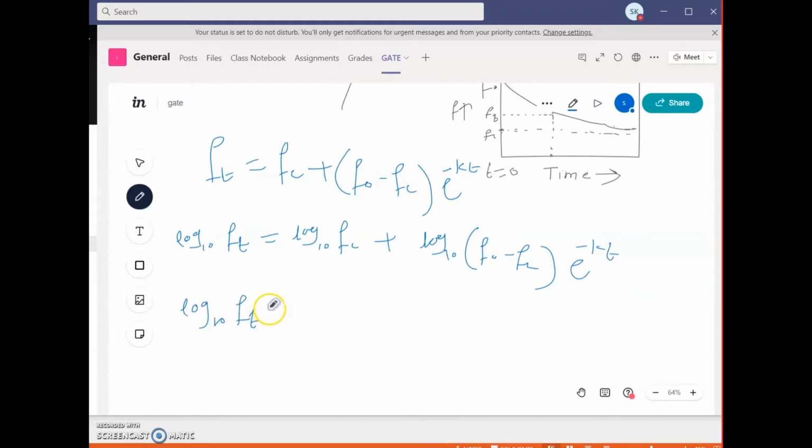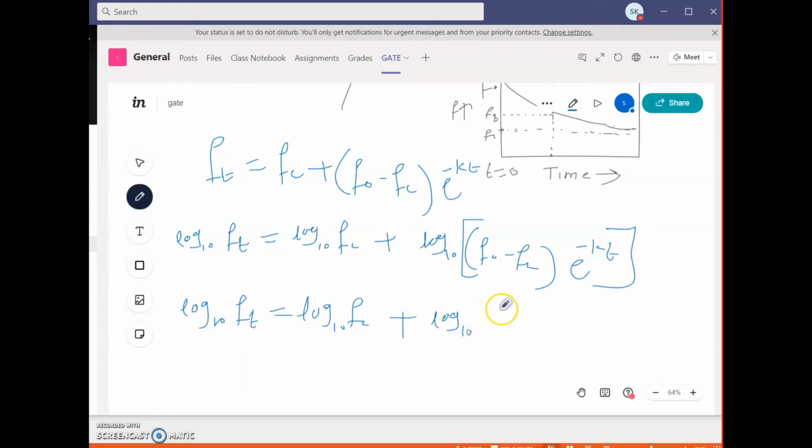Log to the base 10 Ft is equal to log to the base 10 Fc plus... what should I write here? Actually here there should be the square bracket so that there won't be any confusion. And now we will take log to the base 10.